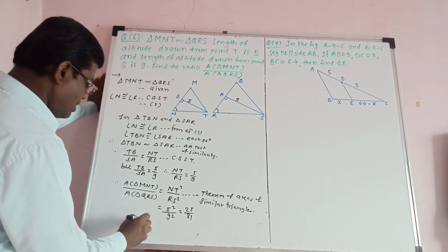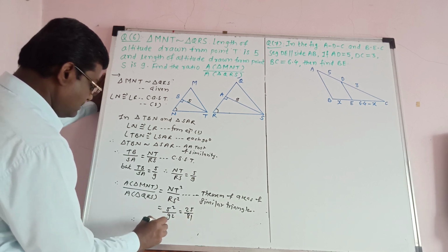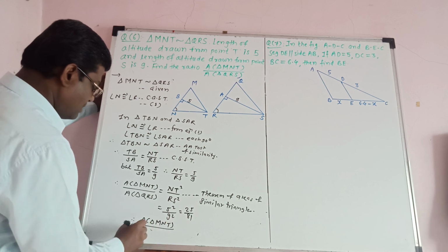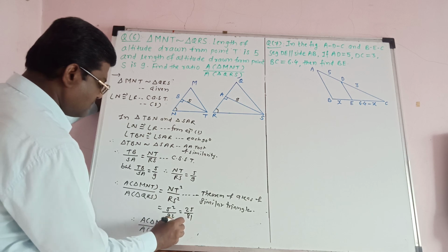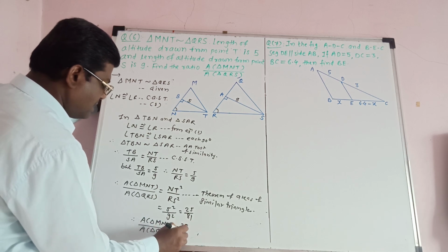Therefore area of triangle MNT upon area of triangle QRS is equal to 25 upon 81.